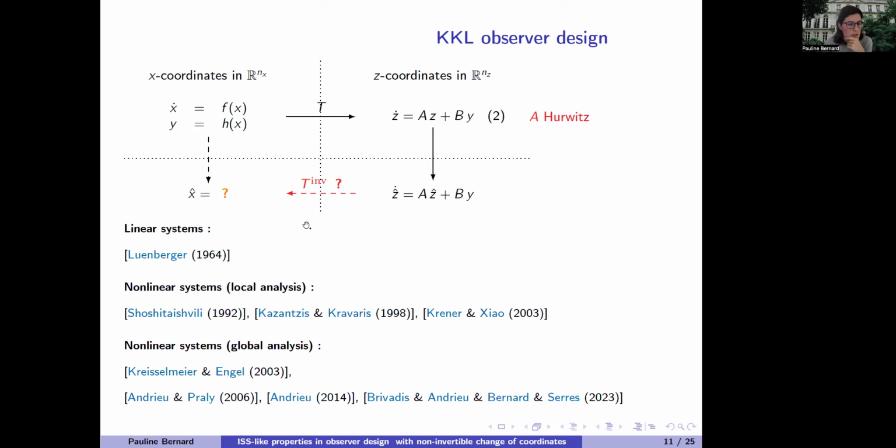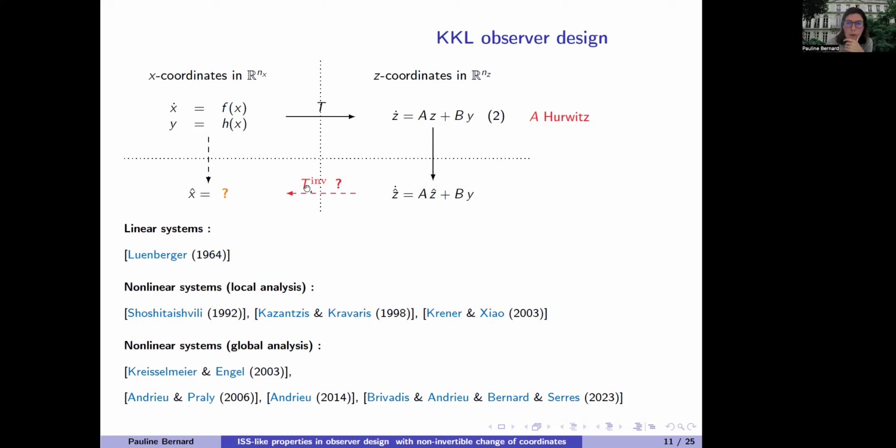This design comes from Luenberger initially, because unlike what people are used to when saying Luenberger observer, when he started to write about observers, his idea was really exactly that. His idea was, I'm trying to find a linear change of coordinates, for us it's going to be nonlinear, that transforms my dynamics into this stable form, and then I find conditions, and it's going to be observability, that allow you to have invertibility of this.